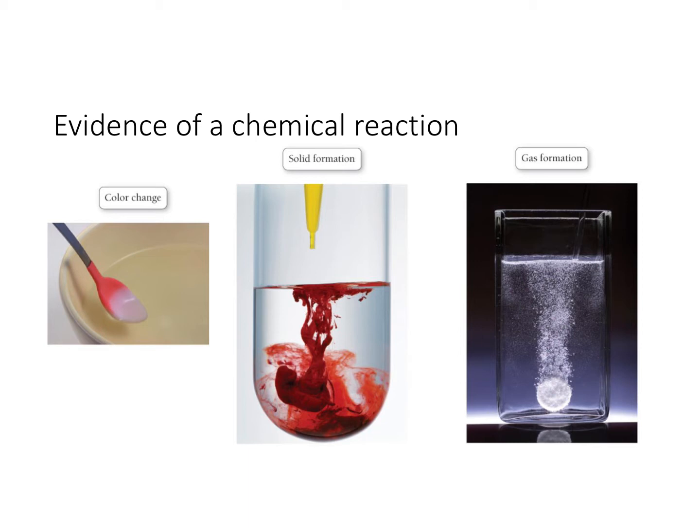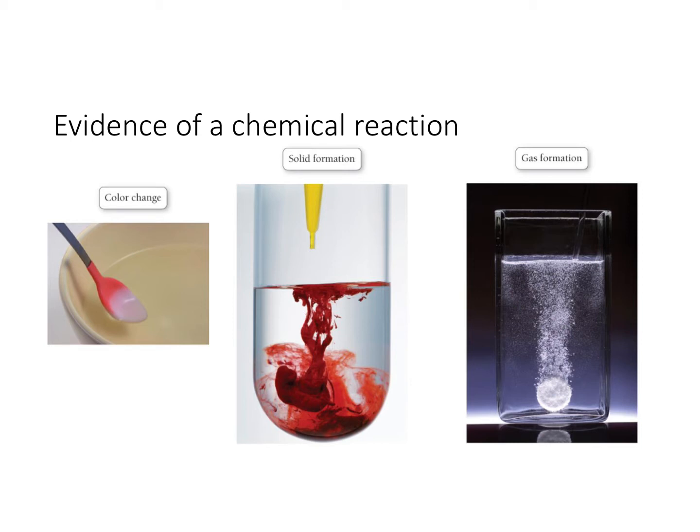For instance, if I burn this table, first of all, you see a flame, you can see color change, right? Or more evidently, you can feel the heat and see light. So that tells you we have a chemical reaction. Some evidences of chemical reactions are, one is color change.